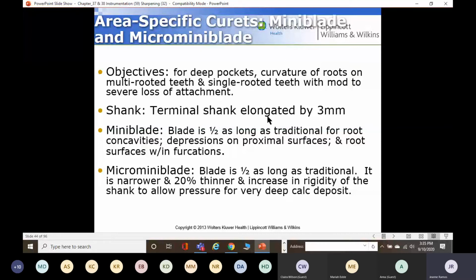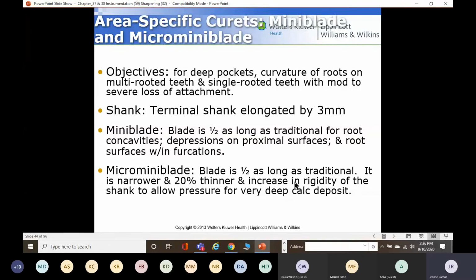The terminal shank has been elongated by 3 millimeters. And on the mini blade, the blade is half as long as a traditional blade, for root concavities. So the blade itself is not as long. It's a shorter blade and a longer shank. Those are great for little tiny crevices and furcations, etc. Micro mini blades: the blade is also half as long as a traditional one, the same as the mini blade, but now it has micro on it, which means it's actually a narrower blade and 20% thinner.